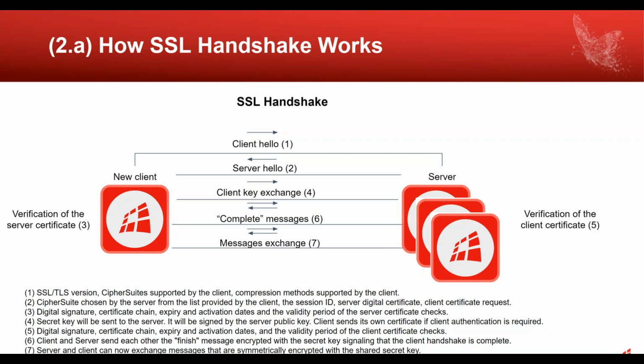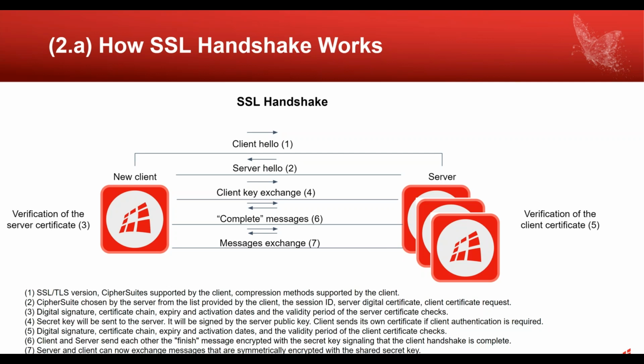The first and second steps are some kind of hello messages. The client sends some information about its own SSL configuration to the server, and the server answers which configuration it will use. After that, the client sends its certificate to the server, and the server provides its own certificate to the client.